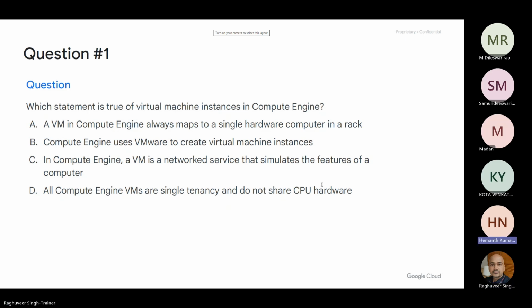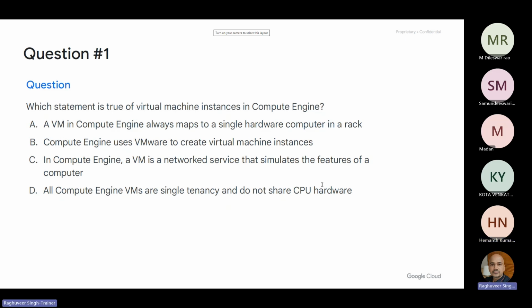Options: A VM in compute engine always maps to a single hardware computer in a rack. Compute engine uses VMware to create virtual machine instances. In compute engine, a VM is a networked service that simulates the features of a computer. All compute engine VMs are single tenancy and do not share CPU hardware.